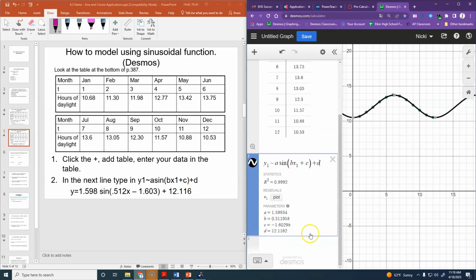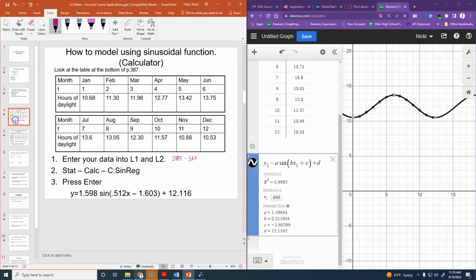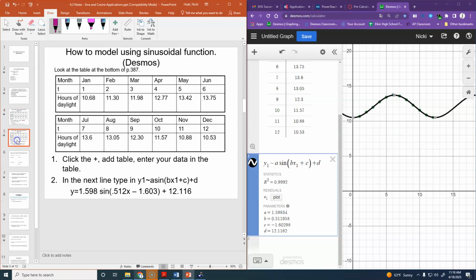All right, and you can see here for our numbers, A is the same, B is the same. Oh, wait, hold on. Yeah, they're all the same. That's what I got on the calculator, I believe.